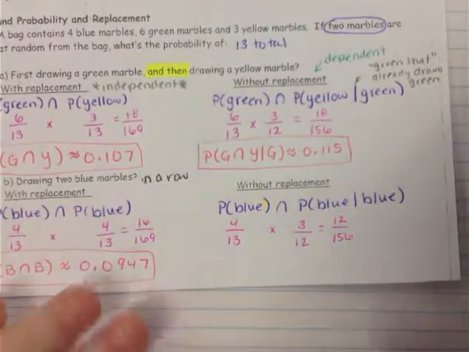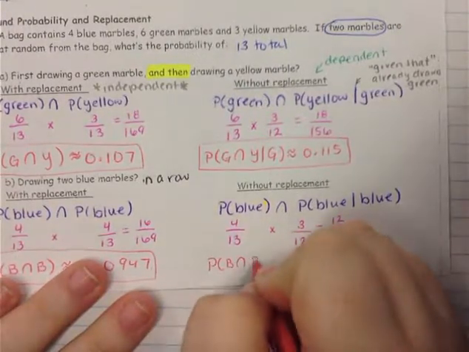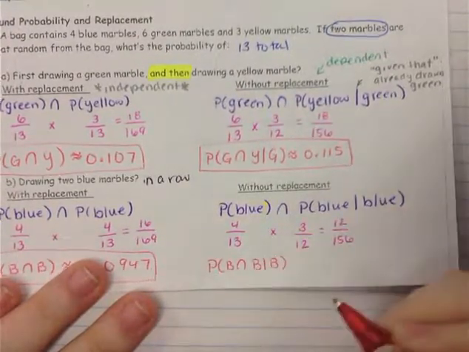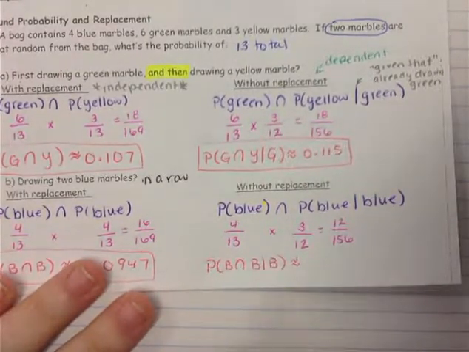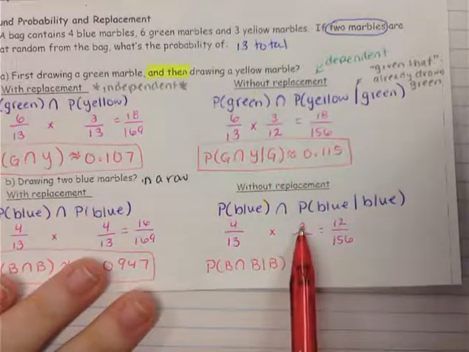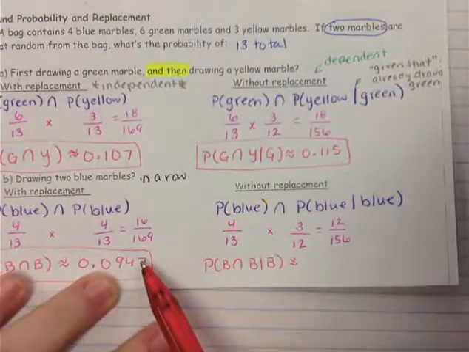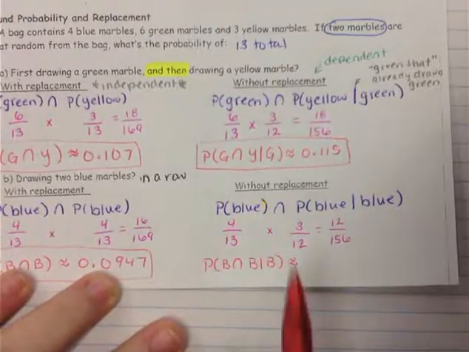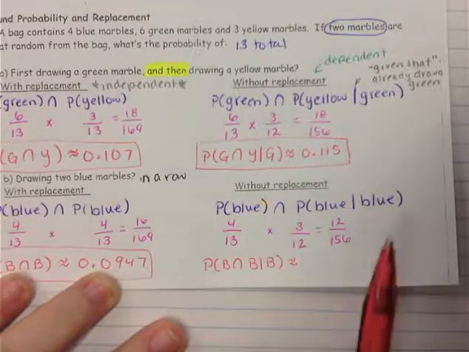So to write this out in different notation, it would be P of B intersect B given B, which is approximately... we're going to do the same thing, 3 significant figures. Now we have fewer marbles to choose from, but we also have fewer blue marbles. So our probability will probably get smaller from the first time, because we have less chance of getting this one and getting the exact same color.